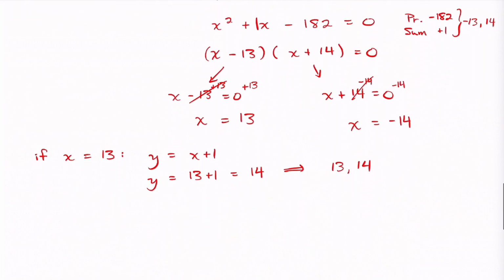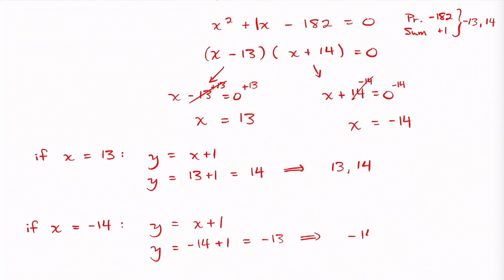Okay, for my second answer, if x was equal to this negative 14, y is going to be, again, it's x plus 1, and then x is negative 14. So I get negative 13 for that one. And then my two answers are negative 14 and negative 13.